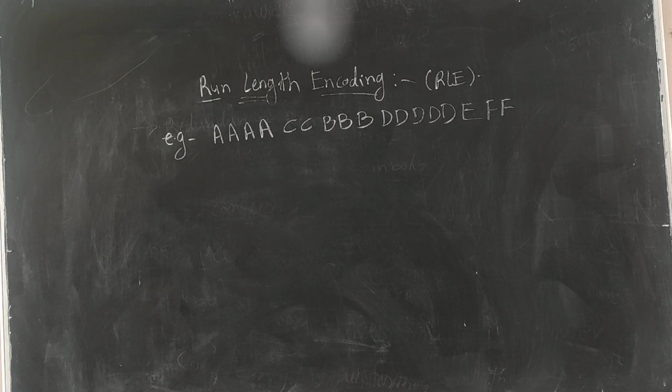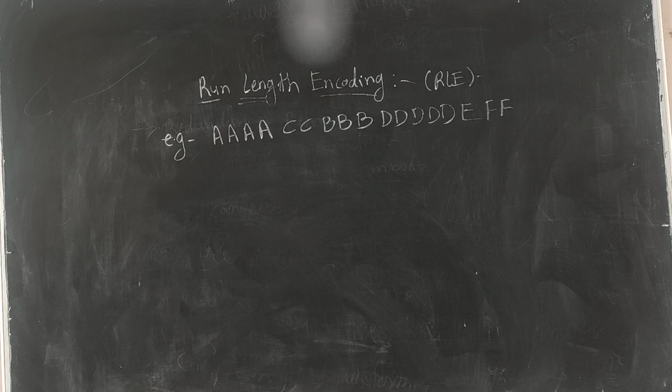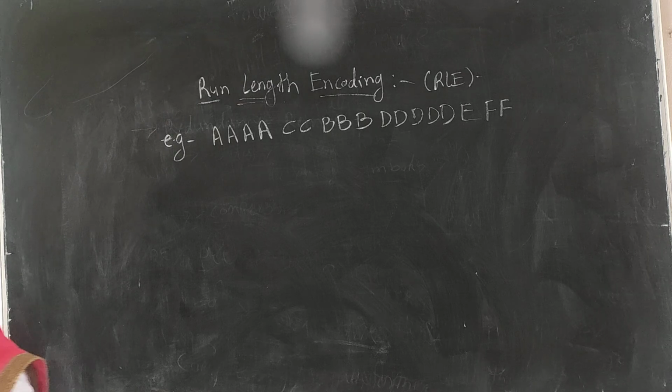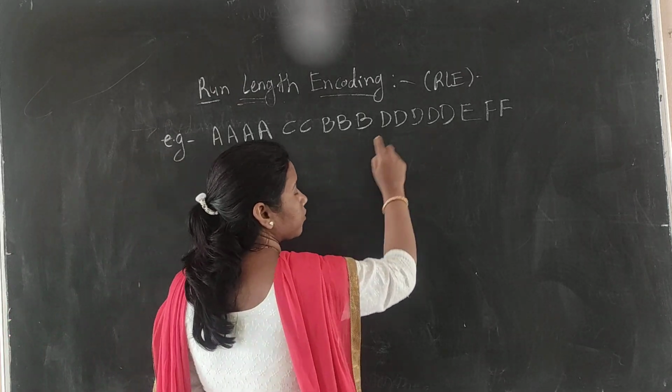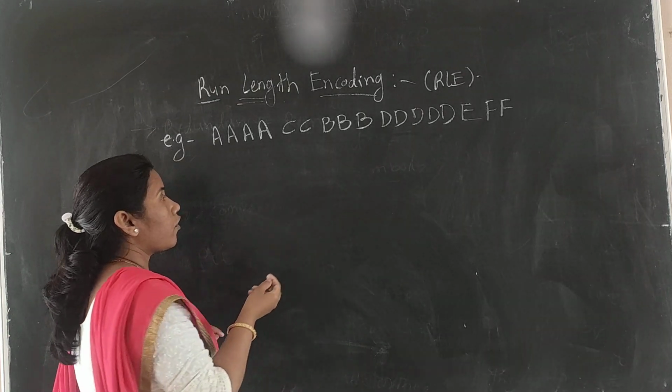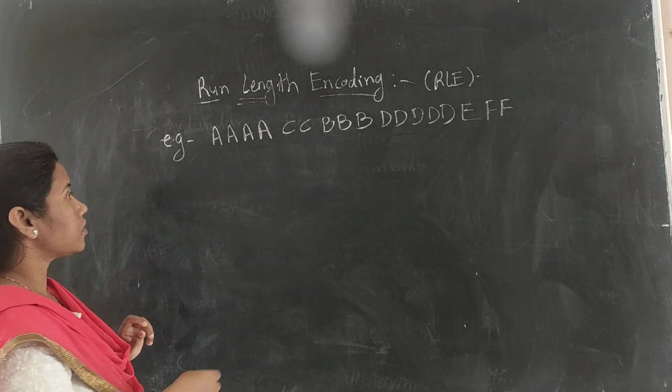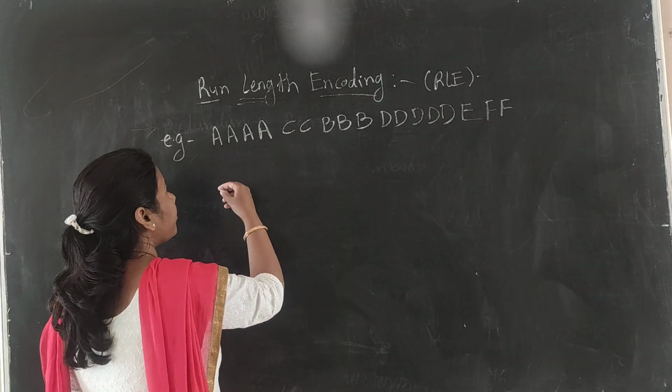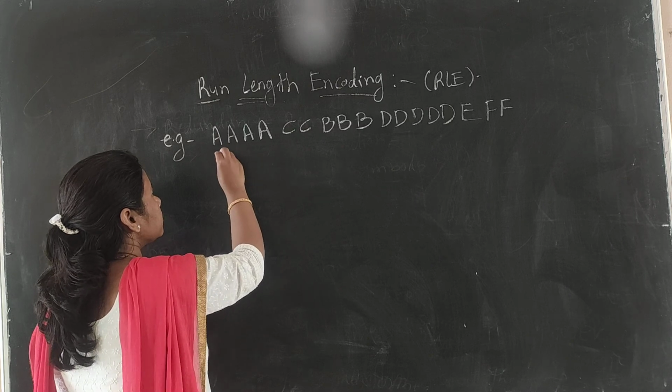Now we have to use this RLE method to compress it. See, this is a continuous string of symbols. For the encoding by the RLE method, we encode it like this.